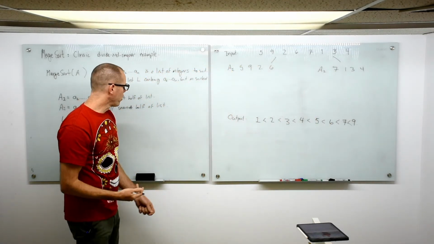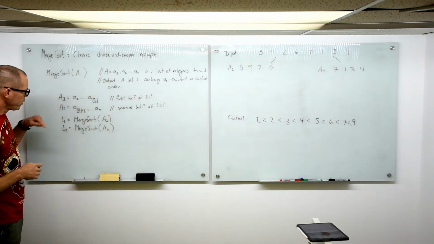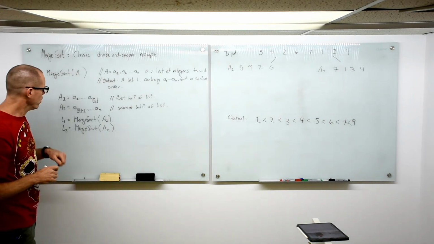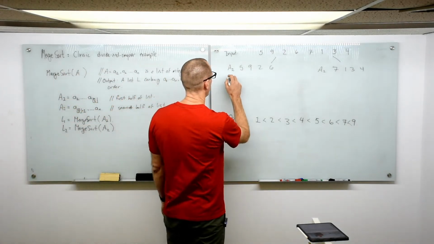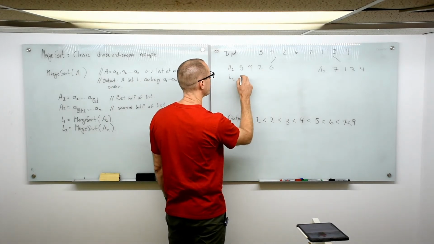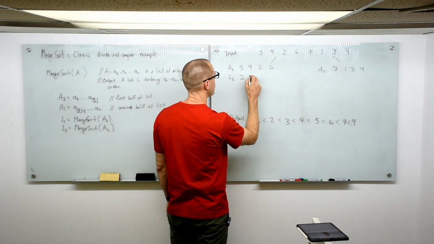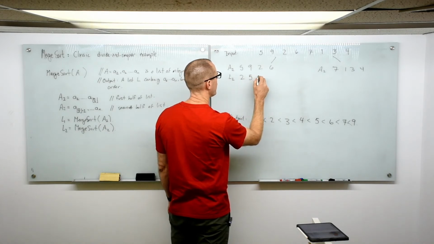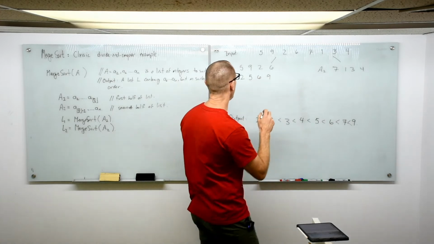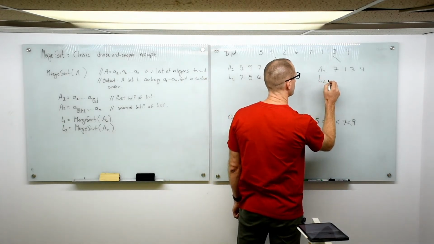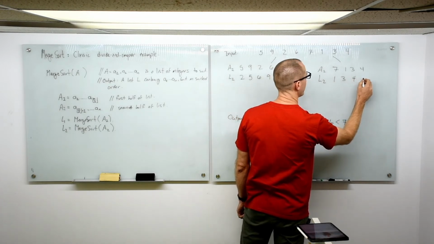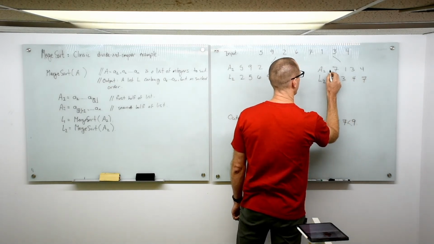Now we recursively sort A1 and we recursively sort A2. When we recursively sort A1, we get a list L1, which contains these things in sorted order. So that's 2, 5, 6, and 9. When we recursively sort A2, we get a list L2 that has 1, 3, 4, and 7.